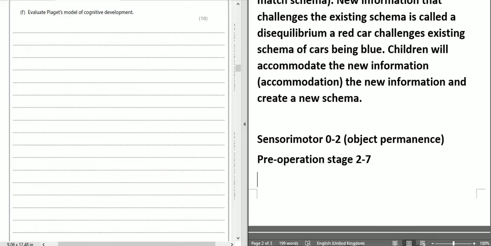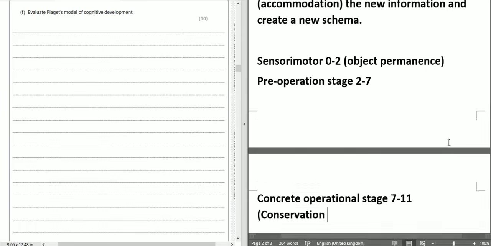We then move into the concrete operational stage, which is 7 to 11. And during this point, obviously at the age of 7, children develop the conservation and egocentrism skills.